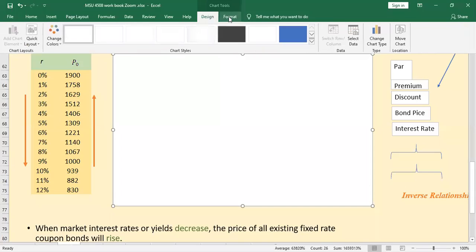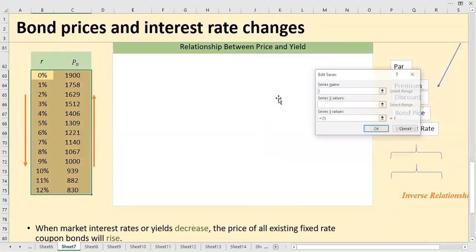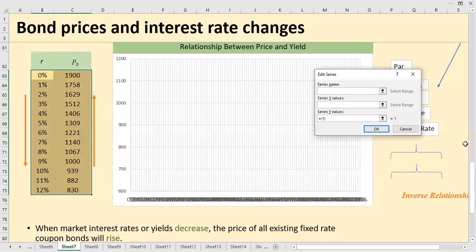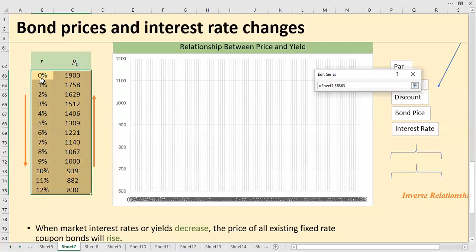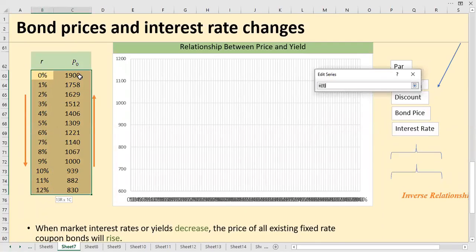Right, design, select data. So I'm going to add. Now the x-axis would be the required rate of return, and the y-axis would be the prices of the bond.